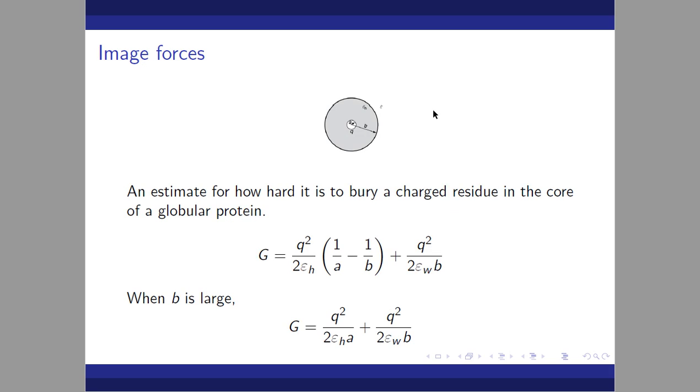Okay, this is another example: placing a charge residue in the core of a globular protein. The free energy is equal to this equation when b is large.